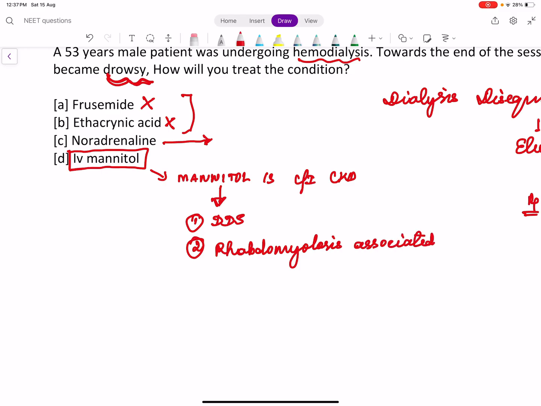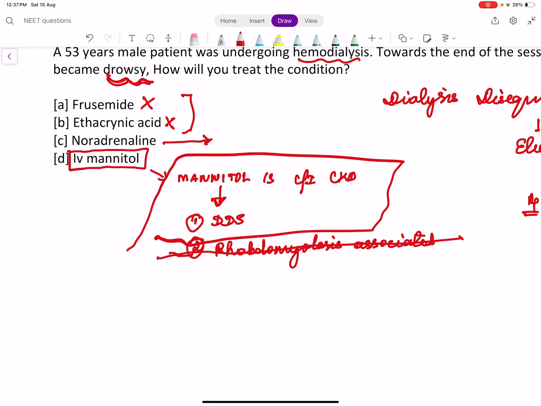In newer discussion, they say only dialysis is the option. But suppose any scenario comes, rhabdomyolysis associated AKI, mannitol has a role. So at least remember one thing, even though mannitol is contraindicated in CKD, it is of use in dialysis disequilibrium syndrome because it is a hyperosmolar substance. It retains salt, it retains fluid when given IV.